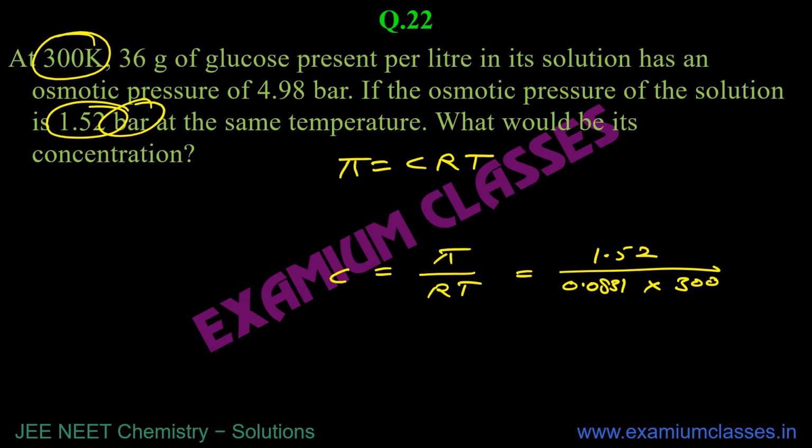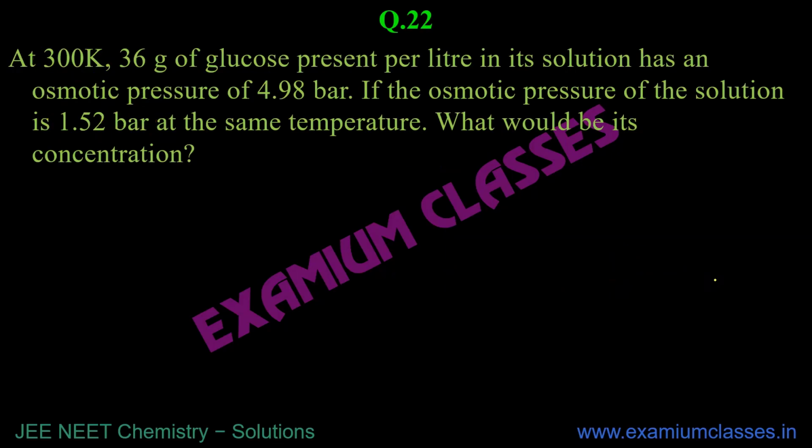What I mean by that, understand. First, everyone should be clear that this question can be solved by the simple formula. We will apply it to the first case. First case, pi is equal to CRT, but I will say it is pi1 equals C1RT.